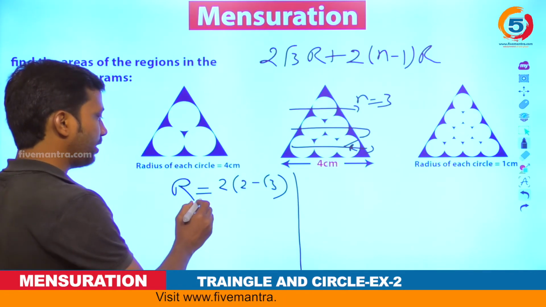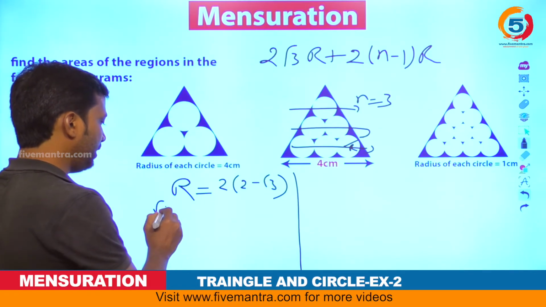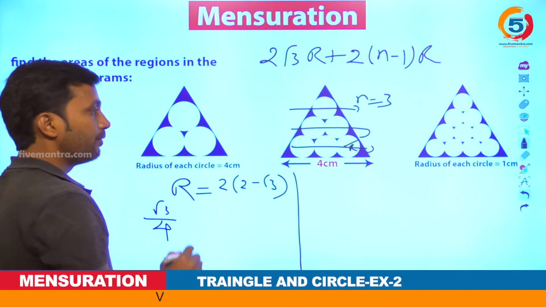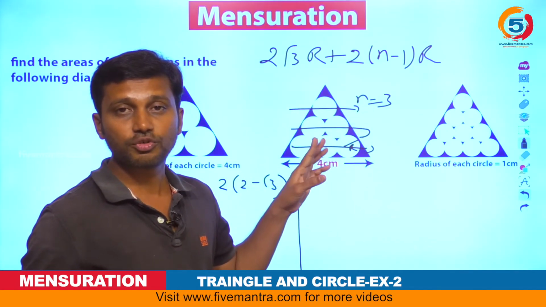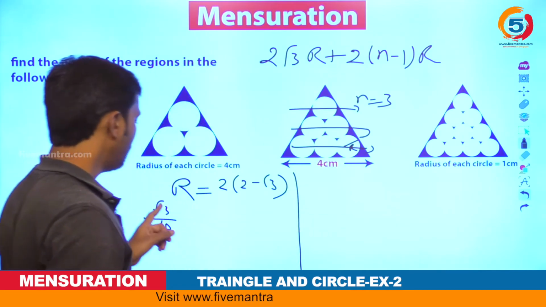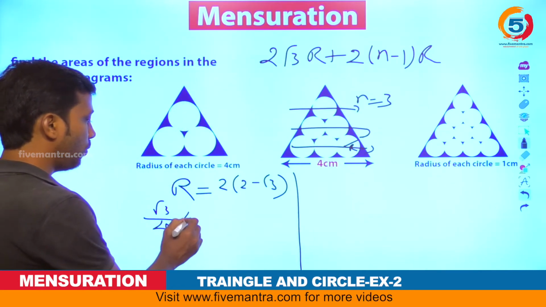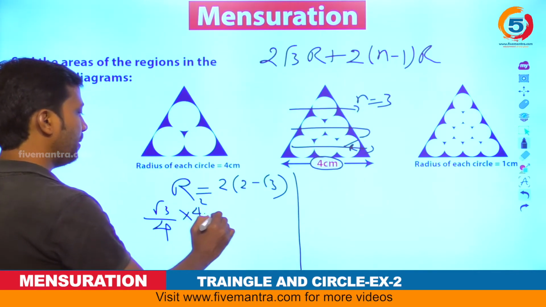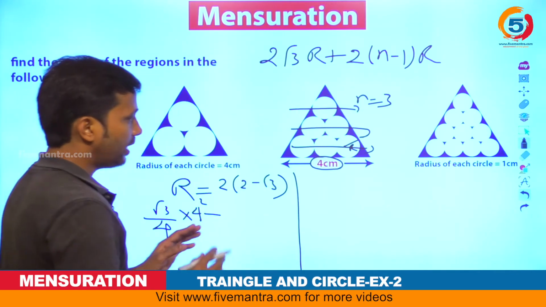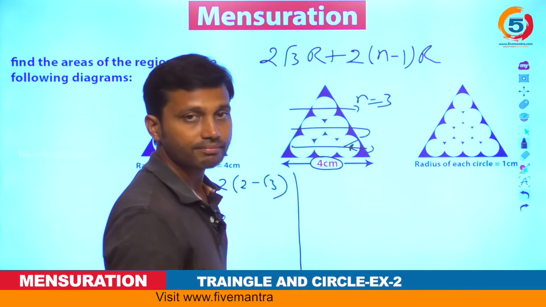So the area of the triangle would be root 3 by 4 a square, because it's an equilateral triangle. So here, root 3 by 4 into, what is the side given? 4, or not? So that would be 4 square, minus, here how many circles are given?